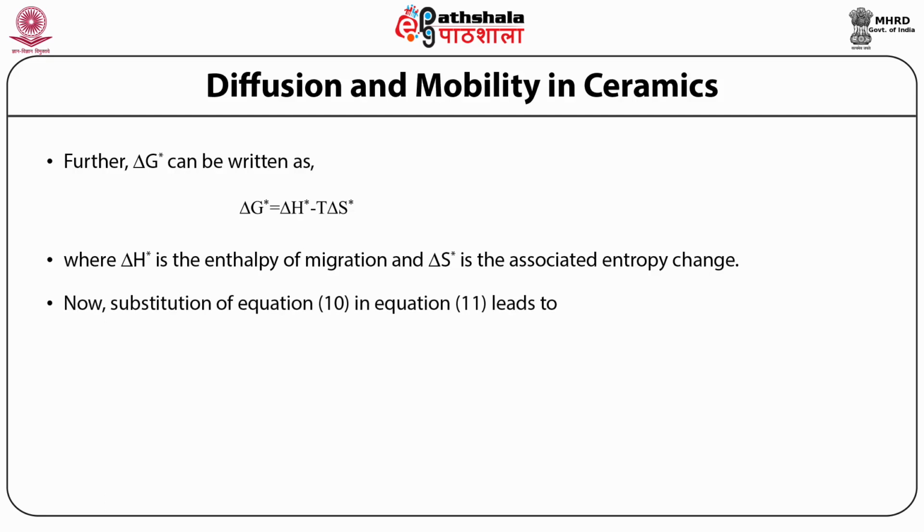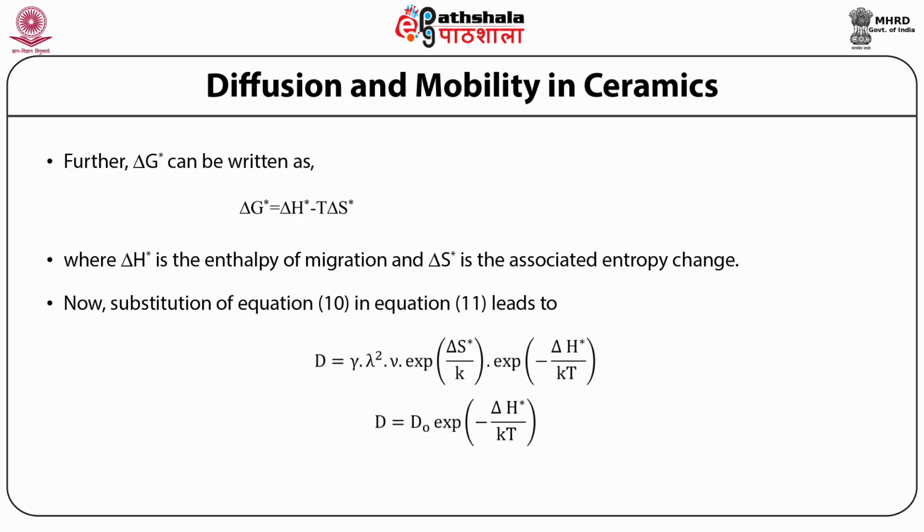Now substituting this expression, the diffusivity, that is D, is given as gamma lambda square nu exponential delta S star by k into exponential minus delta H star by kT.